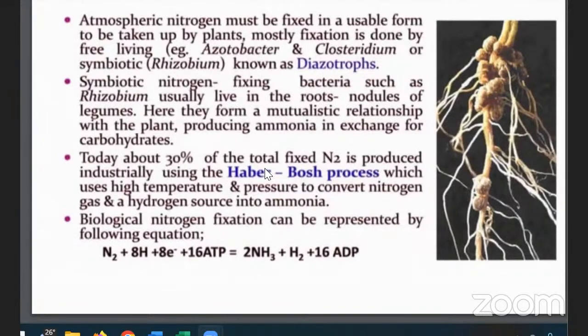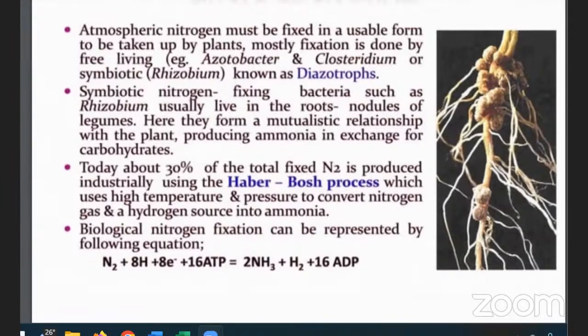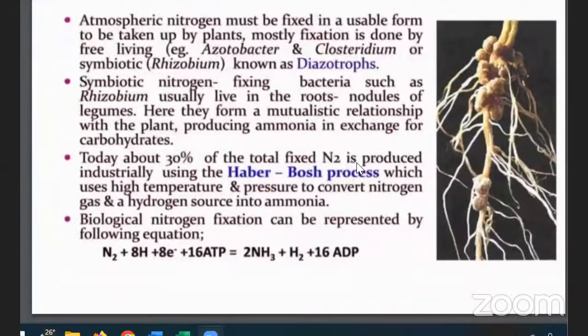In plants, there is a symbiotic relationship with rhizobium. They live in the root nodules of leguminous plants, your beans and peas, and form a mutualistic relationship. This helps in production of ammonia, in exchange for carbohydrates. About 30% of the total nitrogen is fixed in this particular way.